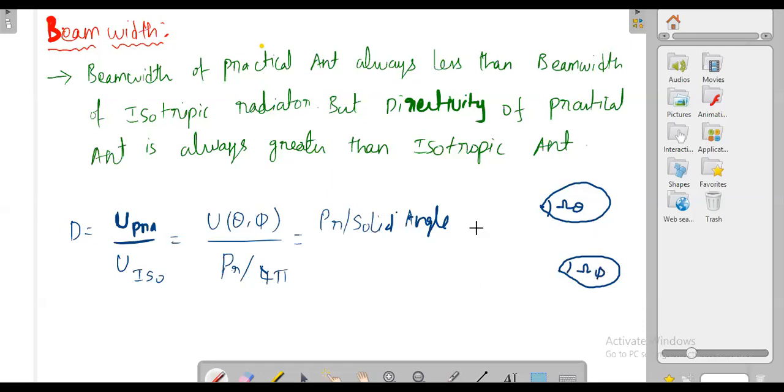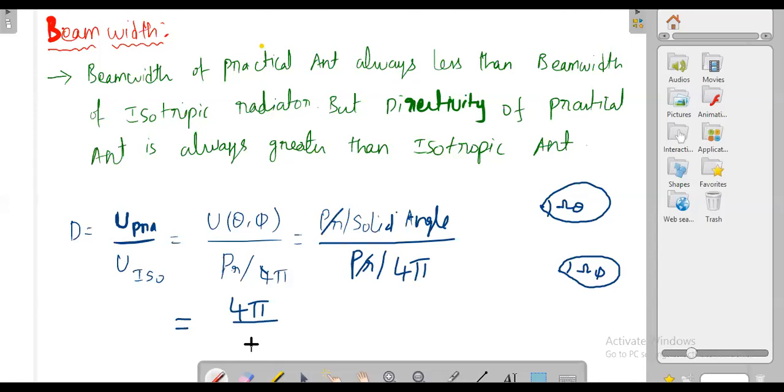Then very simply, if we combine these two, that is the 3D case. In the 3D case we call it a solid angle, but we do not know what that solid angle is. But one thing is very clear: the power radiated is the same, in the practical case as well as in the isotropic case. So power radiated divided by solid angle, and power radiated divided by 4 pi, then P_R cancels. So finally you are getting 4 pi divided by the solid angle.